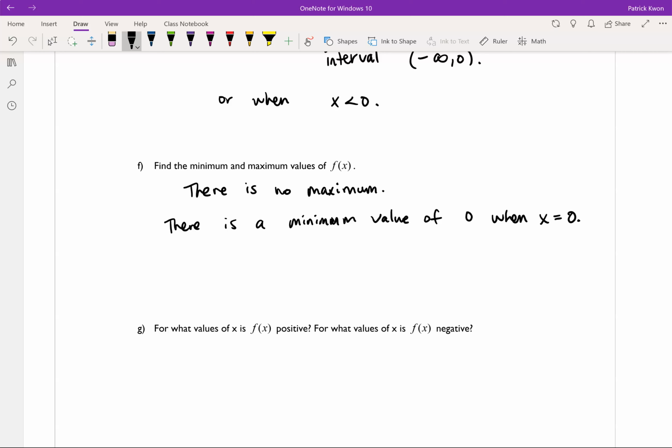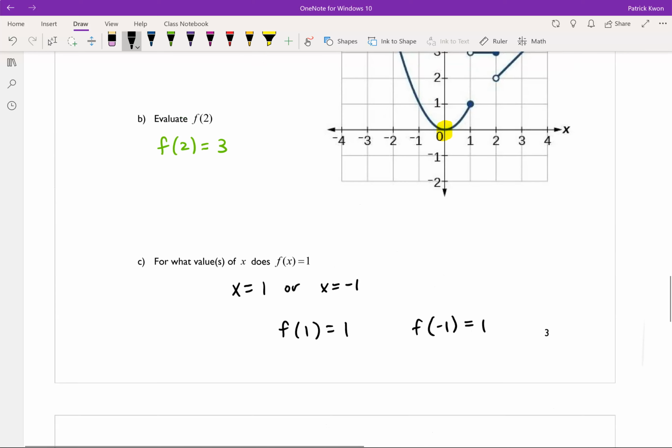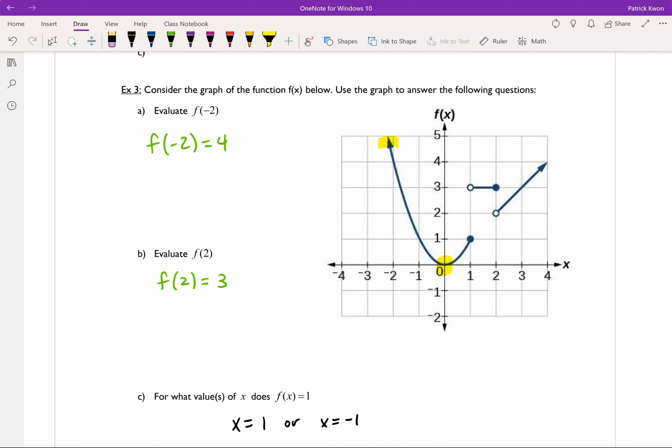Okay, part G says for what values of x is f of x positive and for what values of x is f of x negative. So notice that our graph does not go below the x-axis, meaning there's no graph portion down here. So really our graph is never negative.